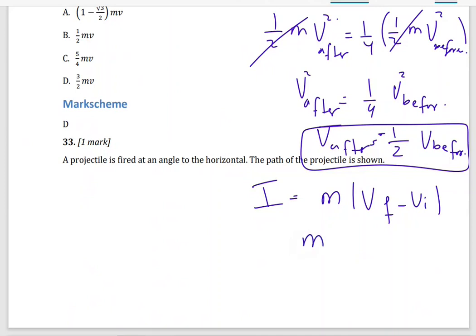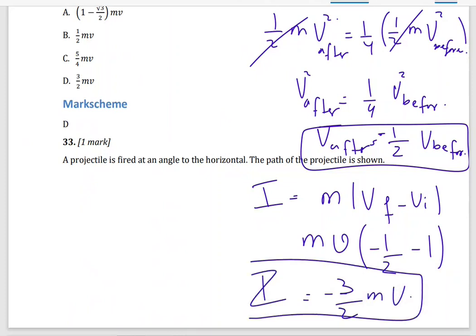Since it is the same v, I can take V outside. V after is minus half, minus V initial, which is 1. Minus half minus 1 gives me minus 3 over 2 m times V. This is the impulse. So the magnitude of the impulse will be 3 over 2 m times V.